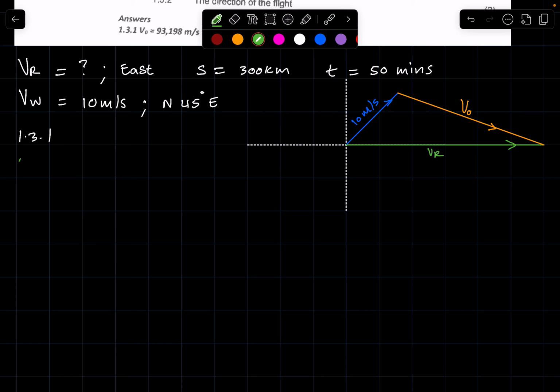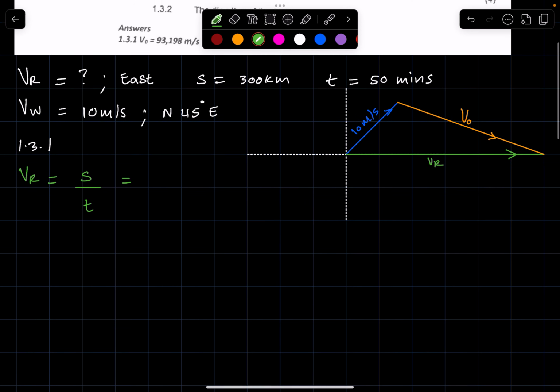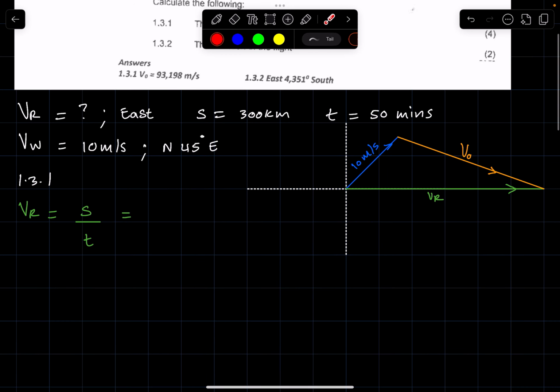remember that VR is equal to S over T. And this here is equal to, so the displacement is 300 kilometers. Now take note here that the given velocity, which is VW, is in meters per second.